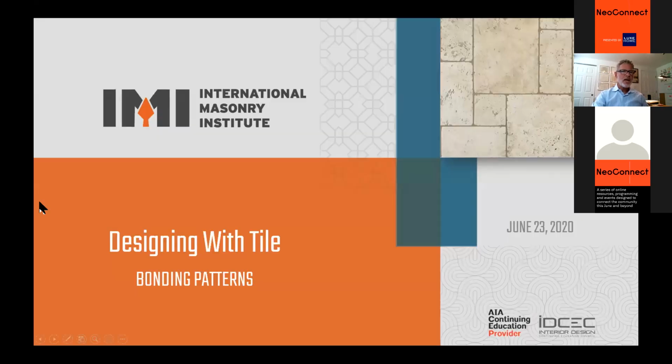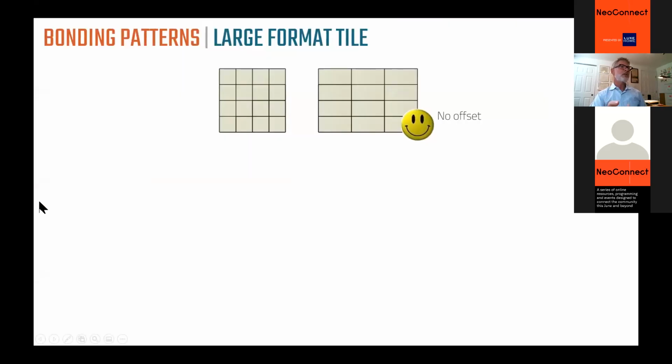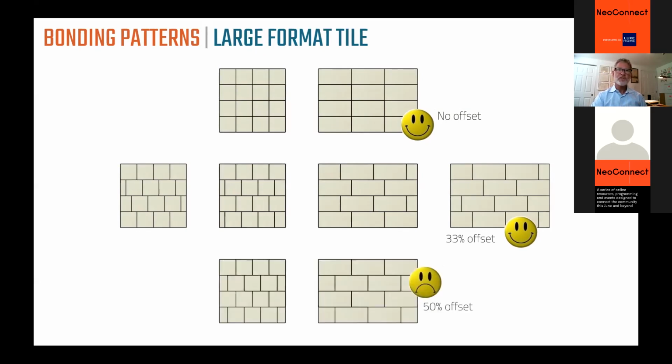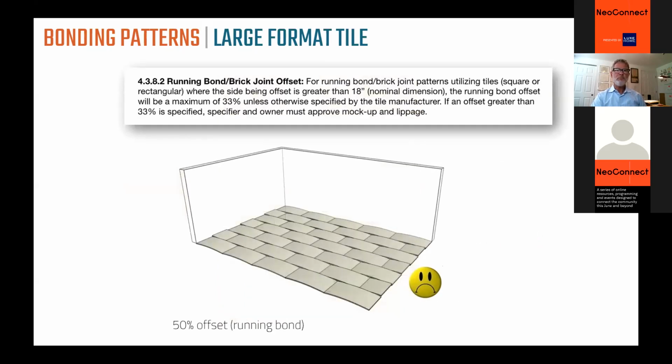All right, so let's springboard into bonding patterns. I mentioned that no offset is okay. For large format tile, a 33% offset is fine, or it can be fine. With a 50% offset, be careful. Build a mock-up, and make sure you review it for lippage and for warpage, because the tiles may be warped.